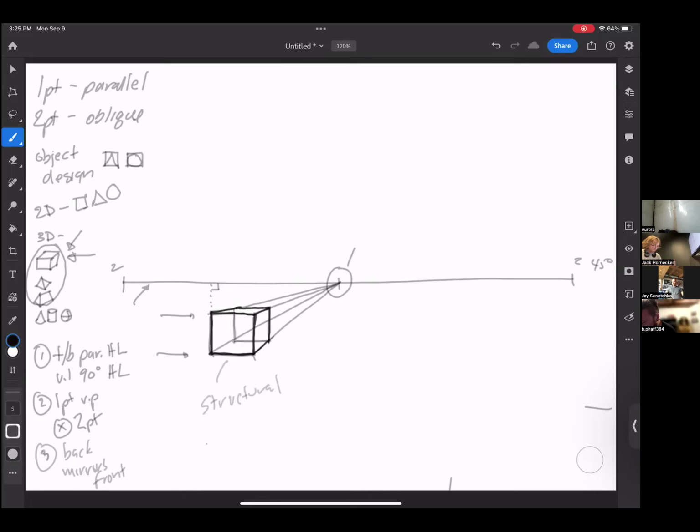For purposes of your assignment, I want to see your structural lines with a lighter pencil mark or a lighter line. Right? For your finish lines, I want them to be slightly darker. So that if I decided to open up that box, so to speak, from the front, because I understand the structure of that thing, I can darken those lines, right, to make it feel like it's open from the front of that object.